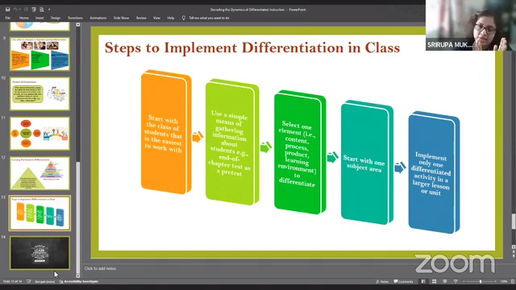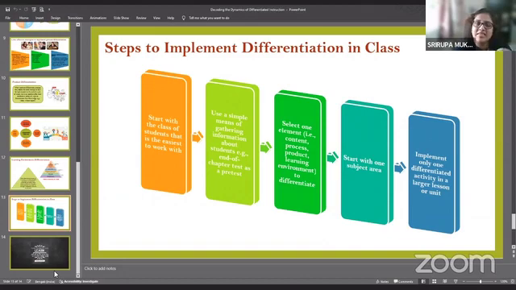Then once we have identified the class, what is very essential for us to understand is what kind of differentiation is actually needed, which means that I have to have a very clear idea about the learners I am dealing with. Because until and unless I know their strengths and weaknesses, it is impossible for me to decide what kind of differentiation strategies I'm going to take up.